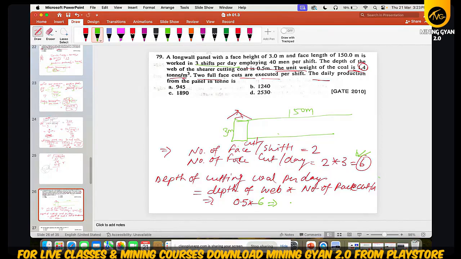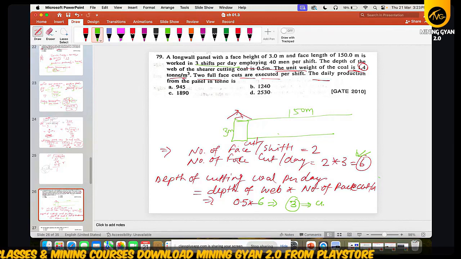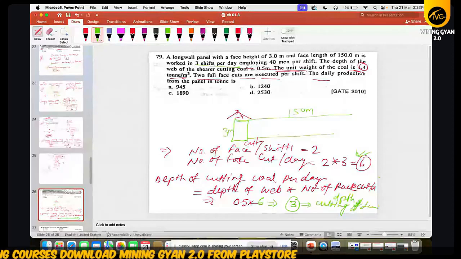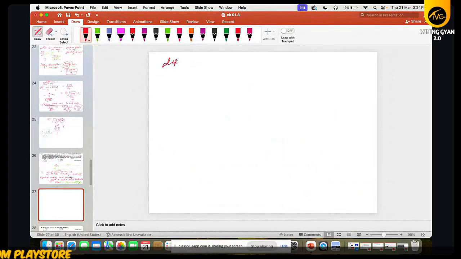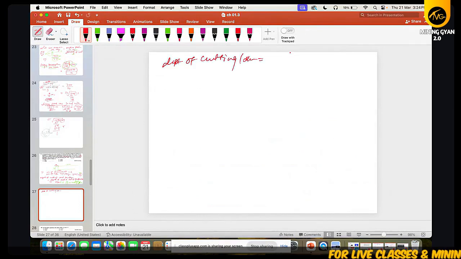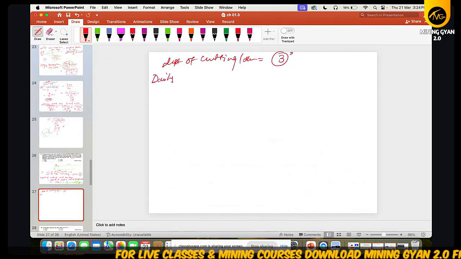So it will be 3. So this 3 will be our depth of cutting per day. Depth of cutting per day, what was the value? 3. Now we have to find out the daily production.